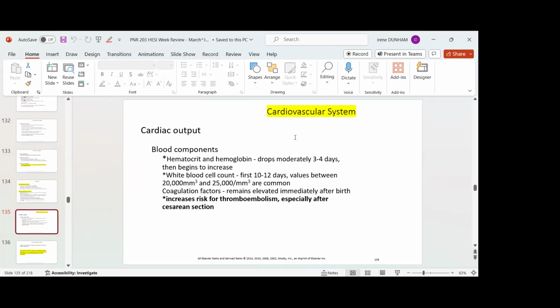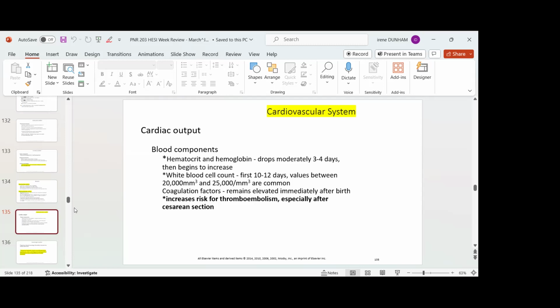After delivery, she might have a drop in her hematocrit and hemoglobin, and that's okay because she loses a lot of blood. But remember, she had an increase in the beginning, like 45 to 50%, that accommodates for this sudden loss of blood after delivery.